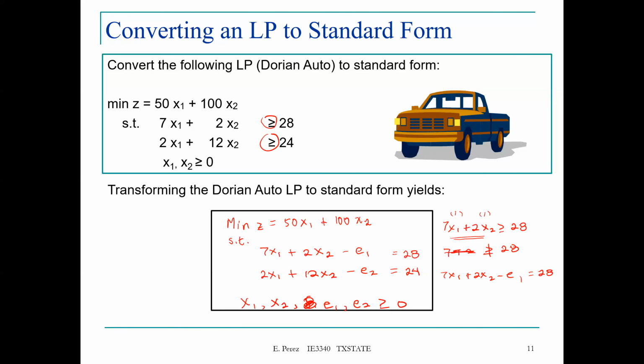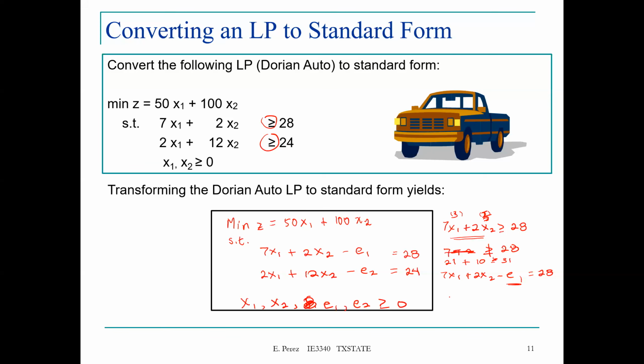So let's say you have 7 and 2 here. So you end up with 21 plus, let's say this is 5, 21 plus 10, that's 31, which is greater or equal to 28. So if you have now an excess variable, you can use it to quantify how much is the excess, right?